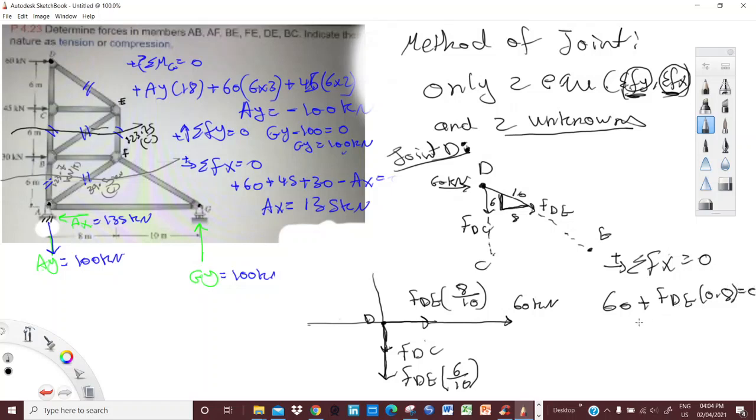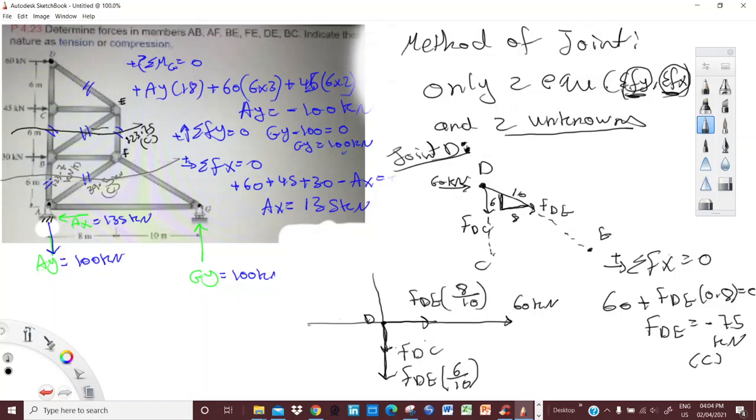And you have here 60 divided by 0.8. FDE is going to be equal to negative 75 kilonewton, compression, since it is negative.